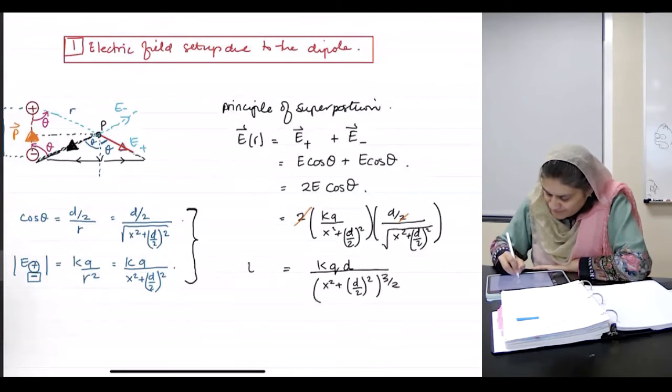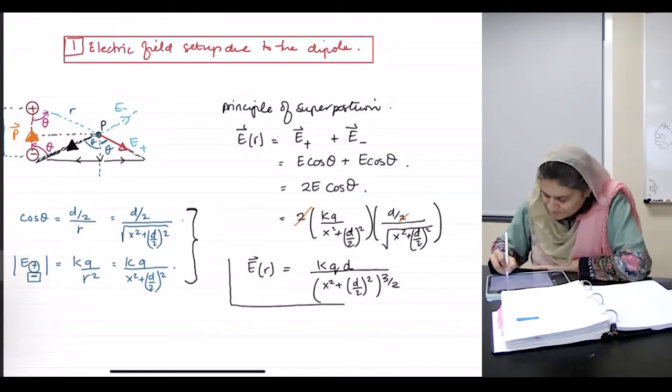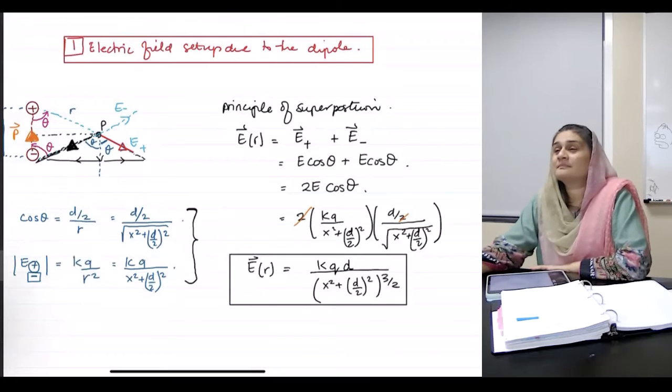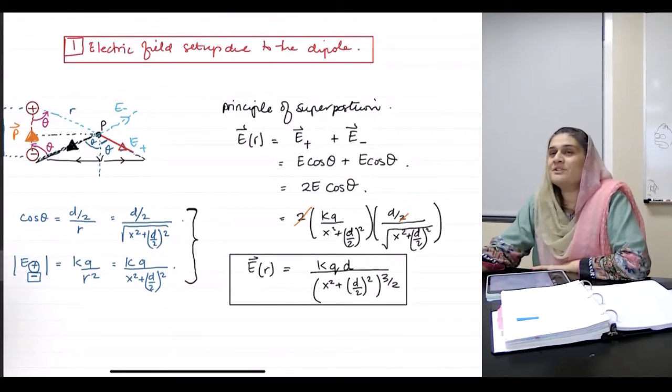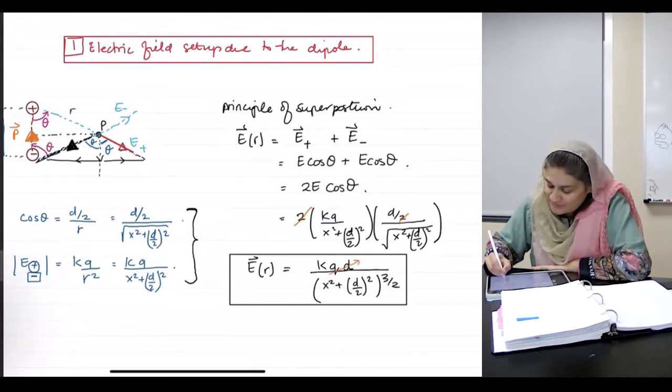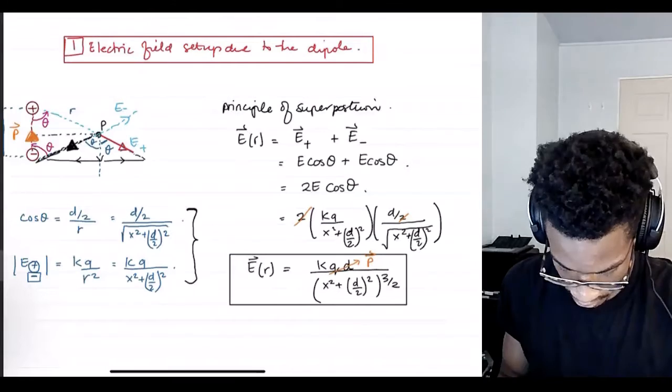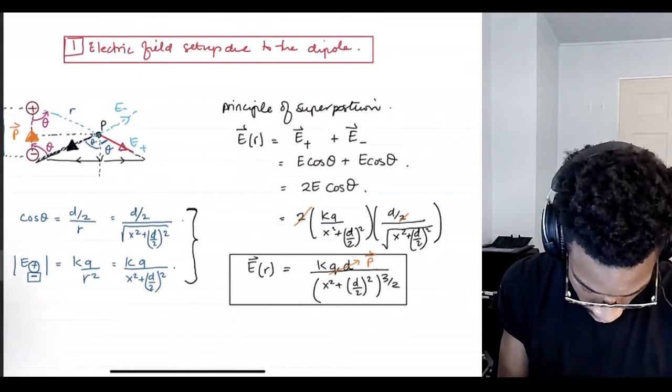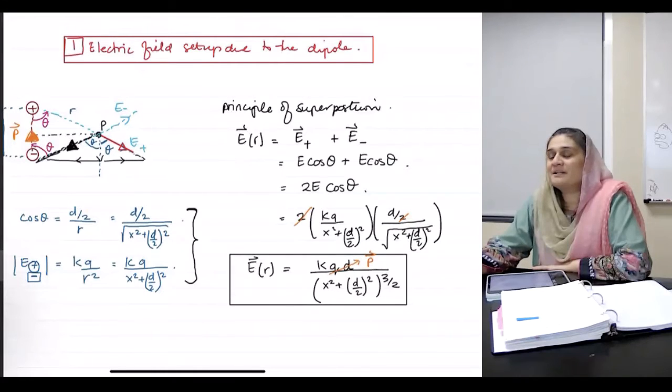to the power 3/2. Drum roll. What is Qd? P. So this you can replace with a p. So just make another box and put it in there.